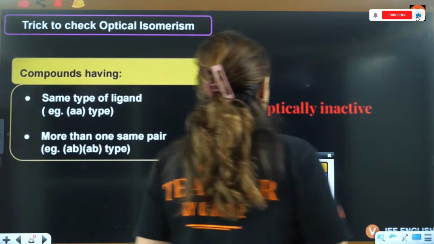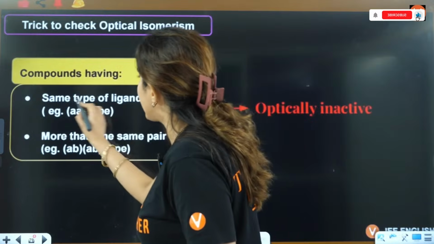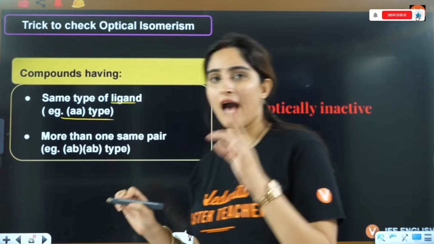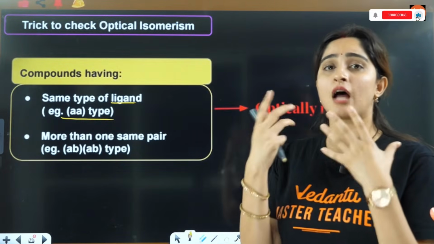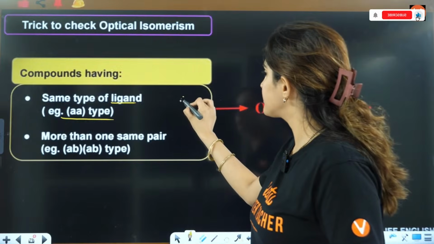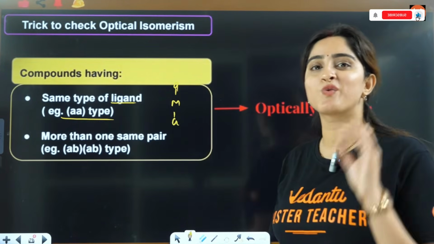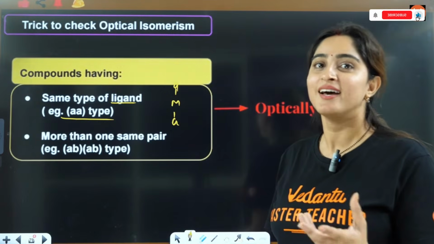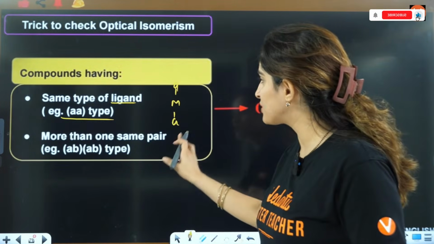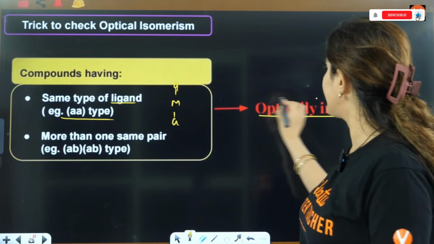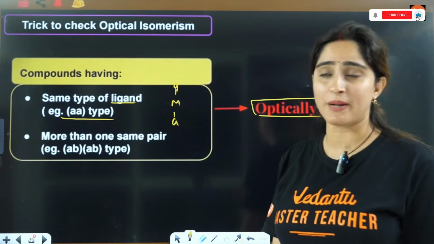Then what is the trick for optical activity? Same type of ligands. If you have the same type of ligands as a trans pair, that is, this is metal, this is A and this is A, it is always going to have a plane of symmetry, right? A plane will always pass through that, so it is always going to be optically inactive because POS will always be present here.